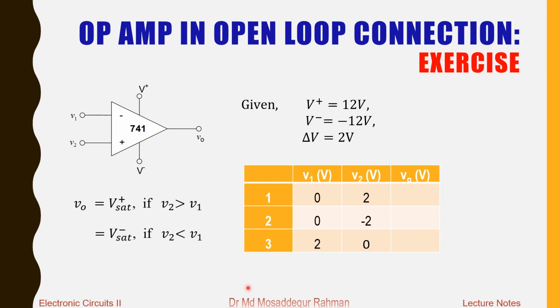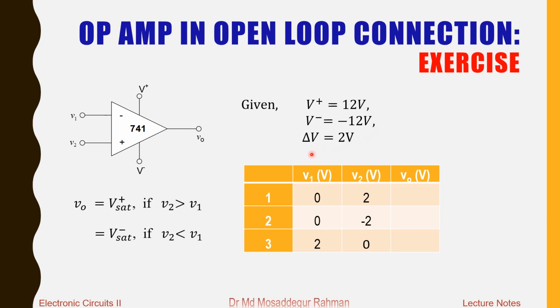Okay, so now we have a small exercise to test your level of understanding of the operation of the op-amp in open loop connection. Here we show the diagram of the op-amp in open loop connection, and these values are given for the supply voltages: V plus is 12 volt, V minus is minus 12.